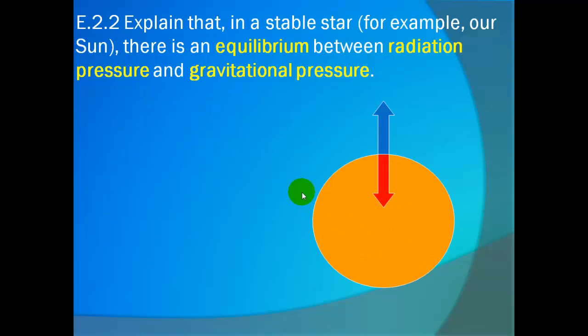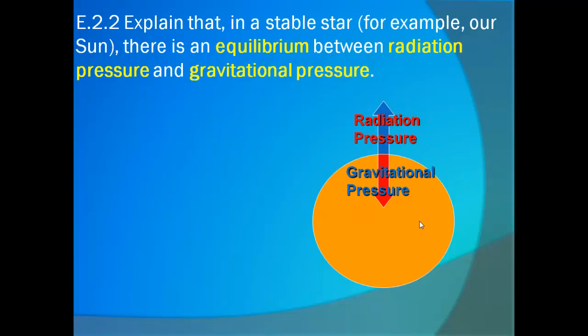The center of mass is here, and gravitational force will be pulling all the gas towards the center. But due to the nuclear processes taking place in the center, these photons, which carry momentum, are supporting the weight of the outside of the star. This is what's called radiation pressure. If radiation pressure and gravitational pressure are equal, then we have an equilibrium.